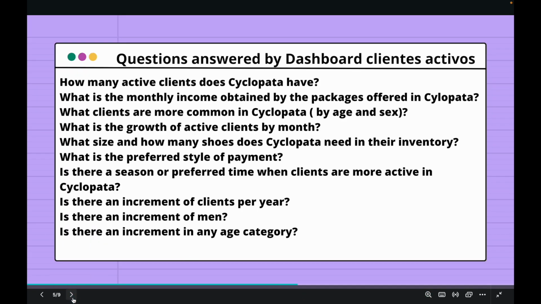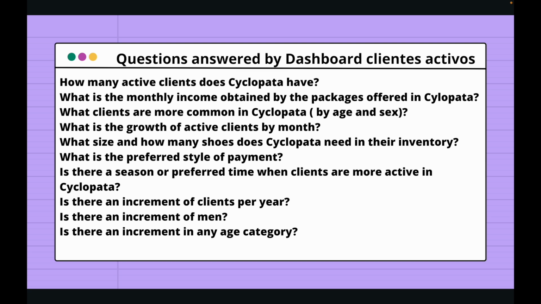So here I put all the questions that I thought my dashboards could answer. For example, how many clients does Cyclopata have? You could see that on the dashboard. You could see the monthly income, the client's profile, and the growth of the active clients per month.